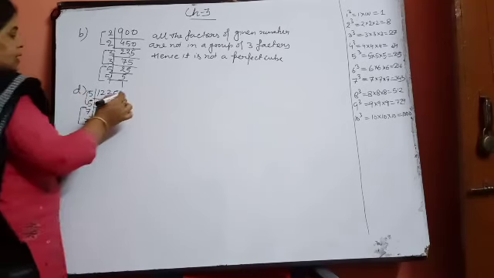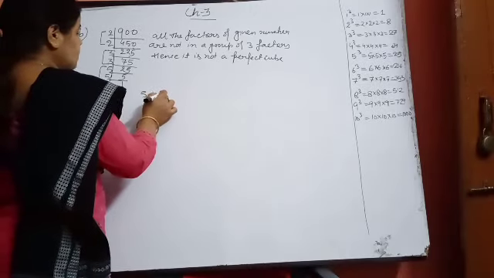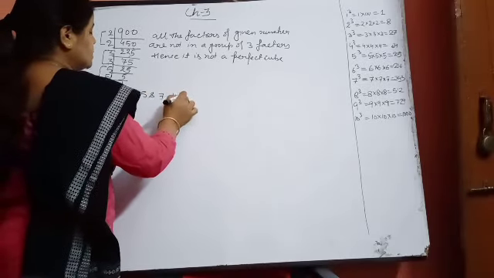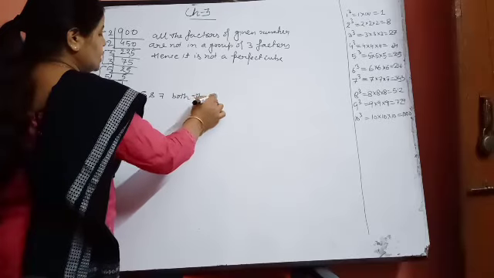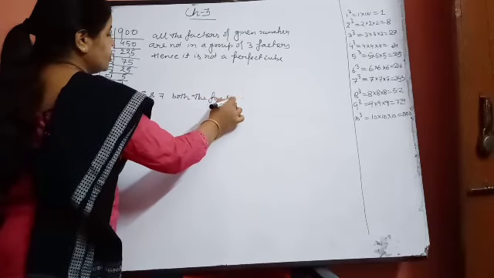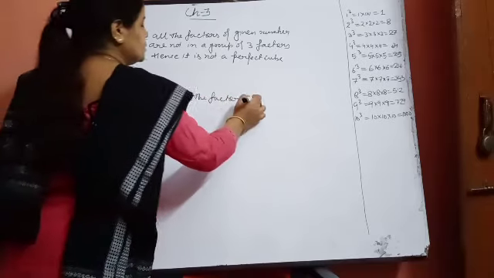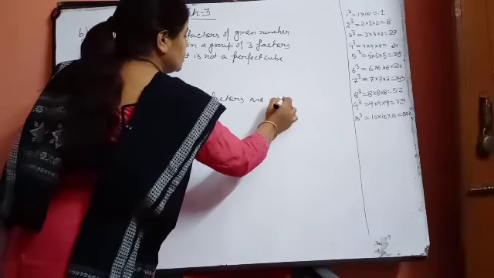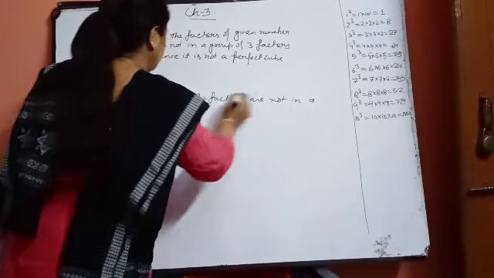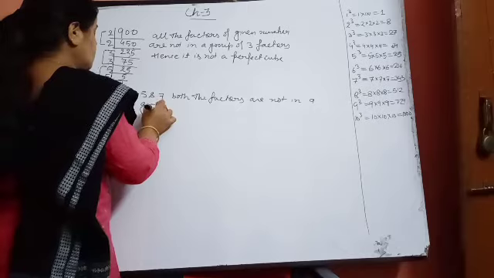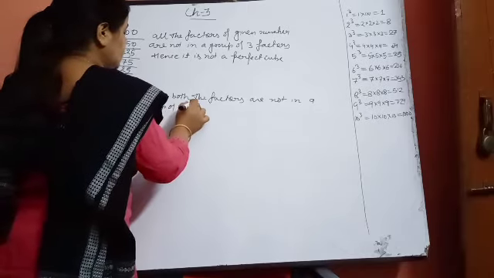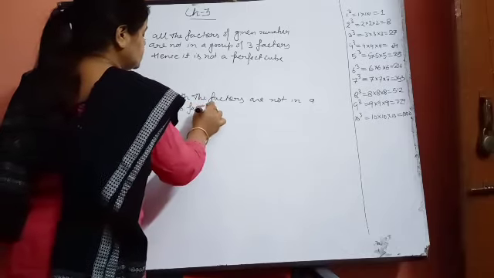7 1 ja 7. You can see again 5 and 2. 5 and 7. Both the factors are not in a group of 3 factors.